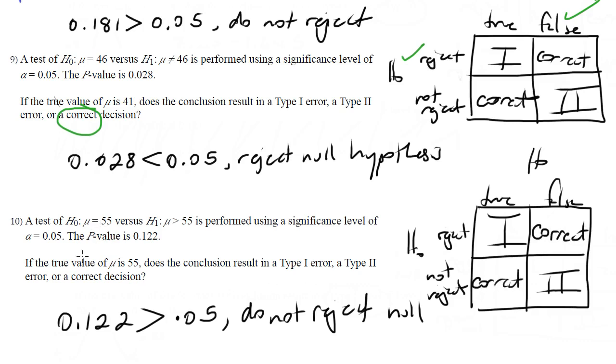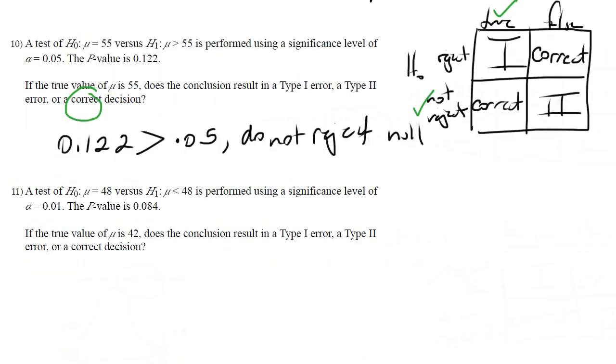So in all actuality, the true value of the mean is 55, which matches the null hypothesis. So the null hypothesis was true. We did not reject it, so we made the correct decision. We're on a roll here making correct decisions, huh?